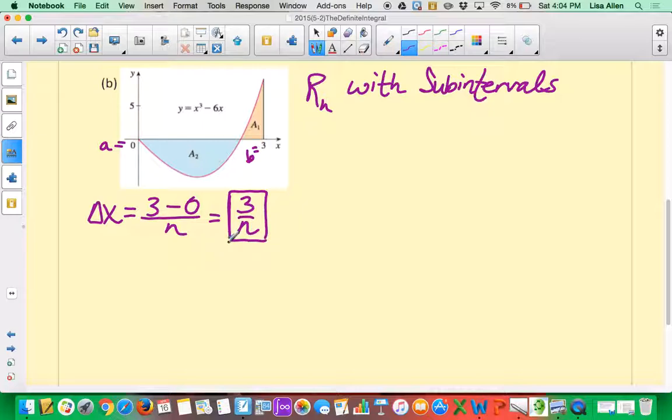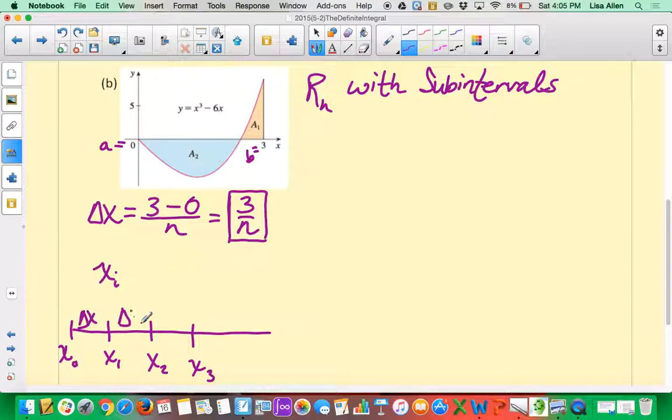And then we need an x sub i. When we calculate x sub i, I'm going to lay it out: if I have an x sub 0, here's my x sub 1, here's my x sub 2, here's my x sub 3, and so on. All of these are separated by delta x.